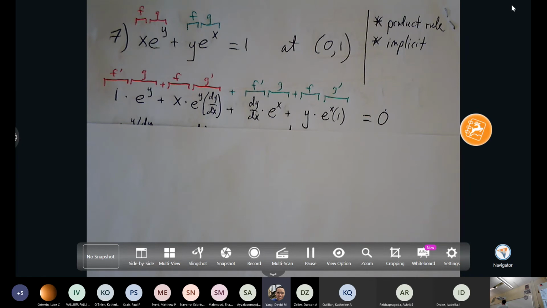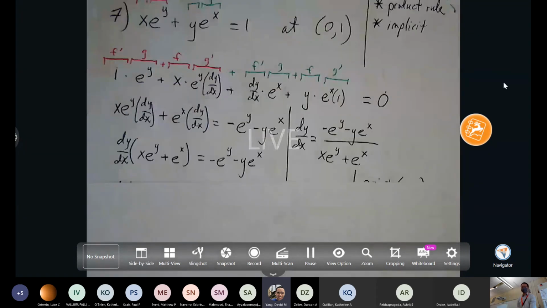Once we have our slope, we use point slope form to find the tangent line equation. Here's my derivative equation before I find my slope.